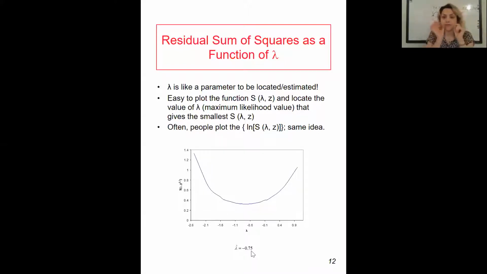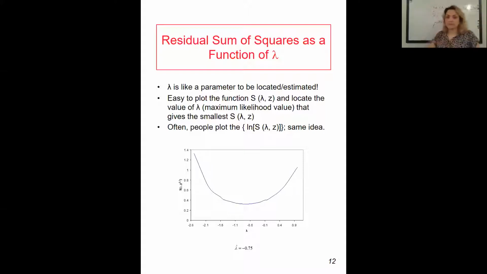What does it mean? It means that my power transformer, the transformation process that I want to go through, is going to be y to the power -0.75 equals x beta plus epsilon.